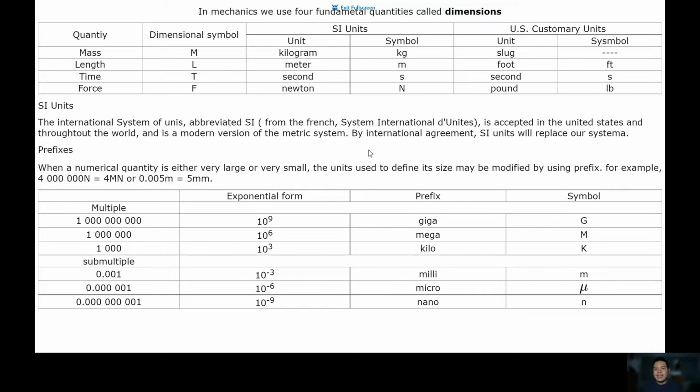By international agreement, SI units will replace our system. Now, prefixes. When a numerical quantity is either very large or very small, the units used to define its size may be modified by using prefixes.